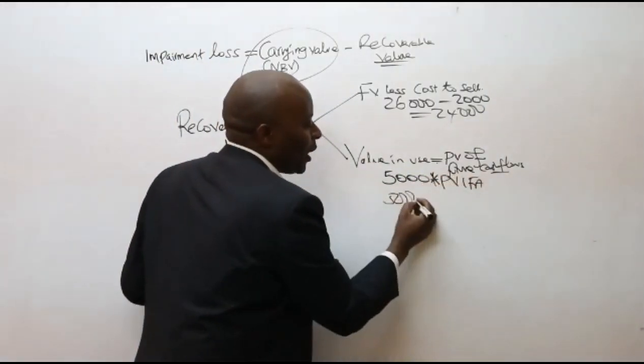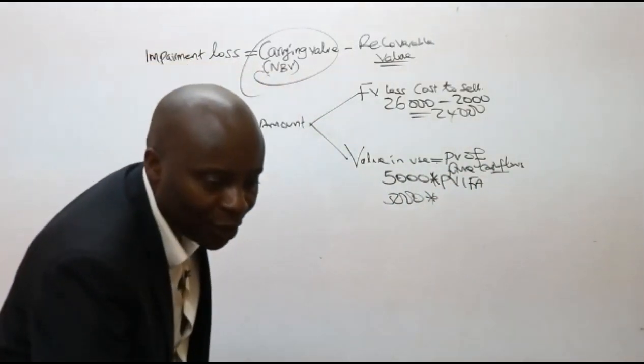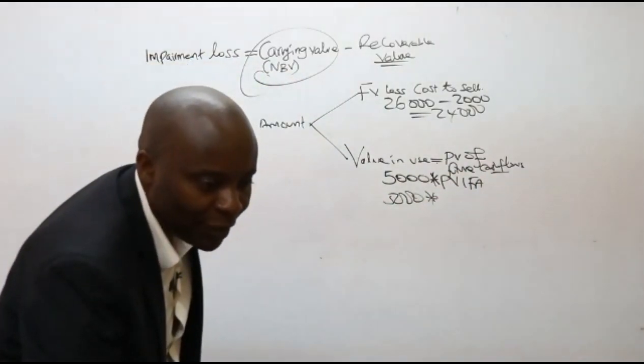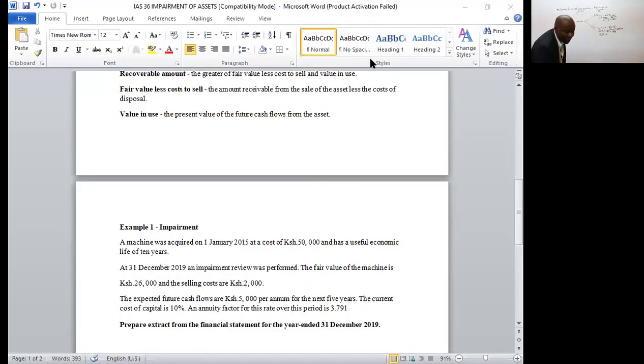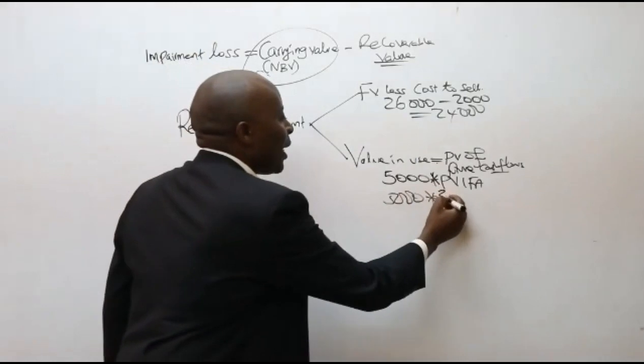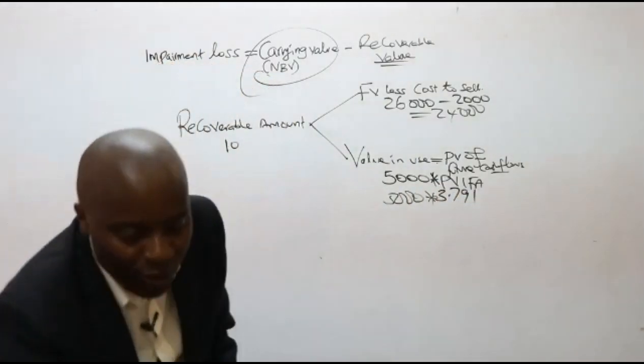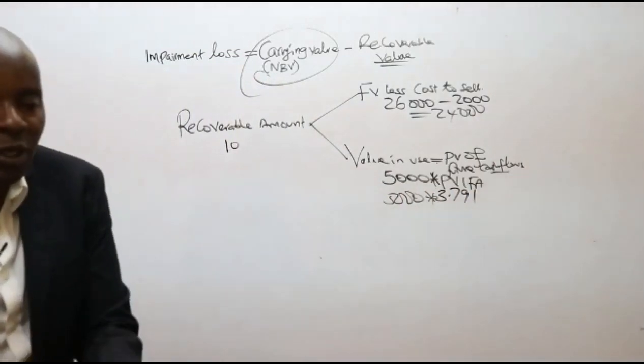If it's an annuity, then this has to be multiplied with what we call PVFA. So it will be 5,000 times PVFA. PVFA, ladies and gentlemen, which is what here? 3.791. So times 3.791, using your calculators. What shall we get here if we use our calculator very well?